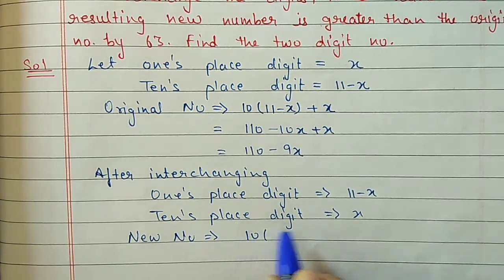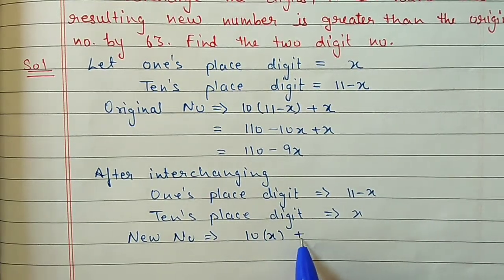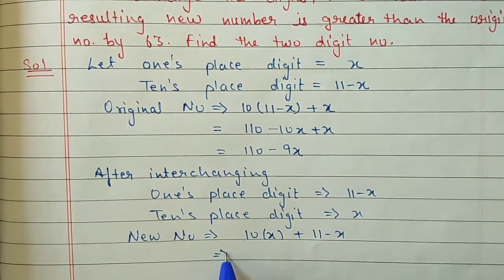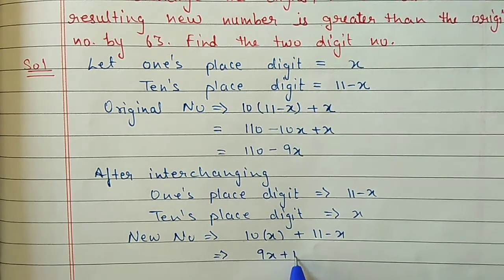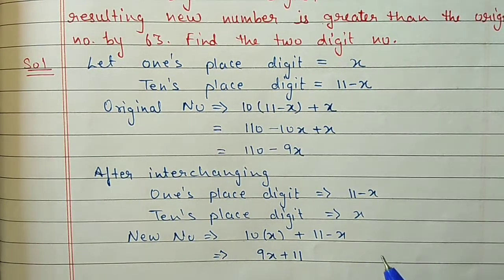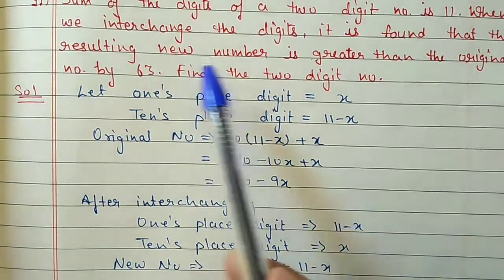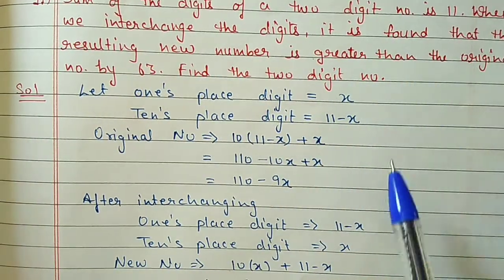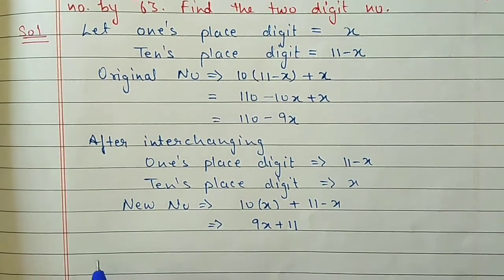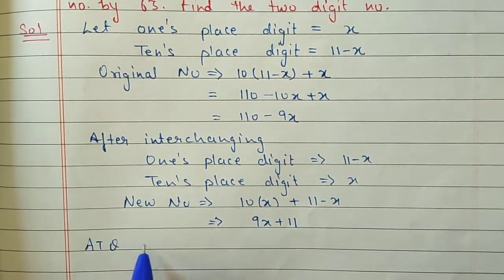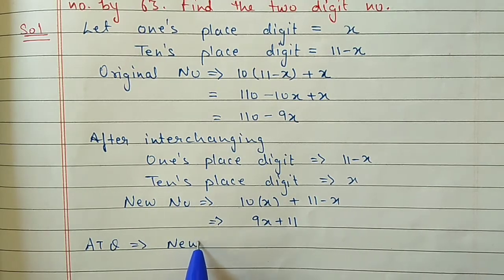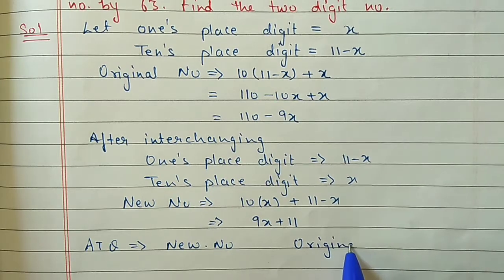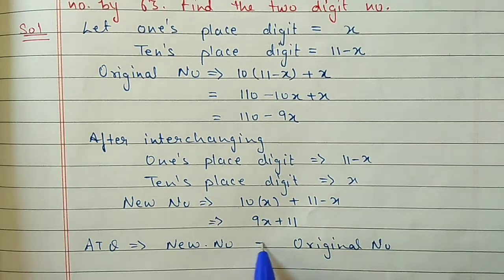Then the new number will be 10 into tens place digit, means 10x plus 11 minus x. 10x minus 1x will become 9x. 9x plus 11 is the new number. Now according to the question, when we interchange, the resulting number is greater than the original number by 63.